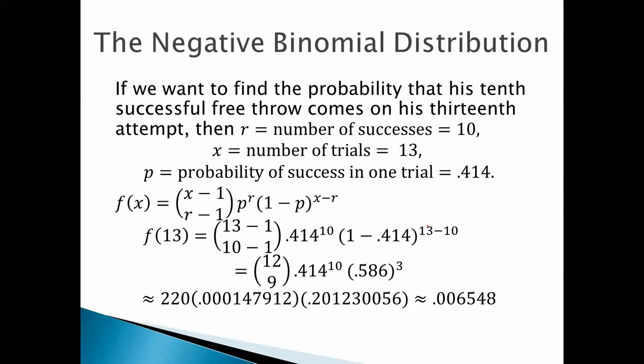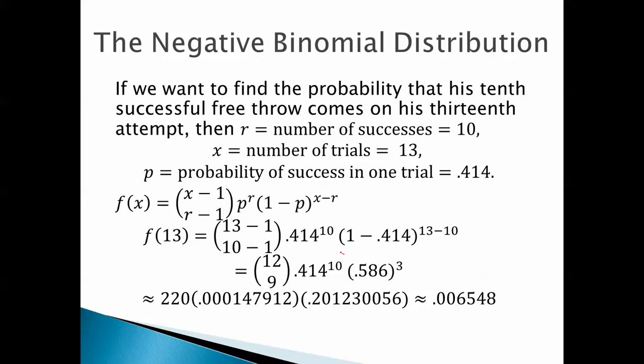Times p to the r. P is the probability of success in one trial, so that's 0.414 to the 10th. Times (1 minus 0.414) to the 13 minus 10. In other words, the probability of a failure, which is 0.586. So we end up with 12 choose 9 times 0.414 to the 10th times 0.586 cubed.